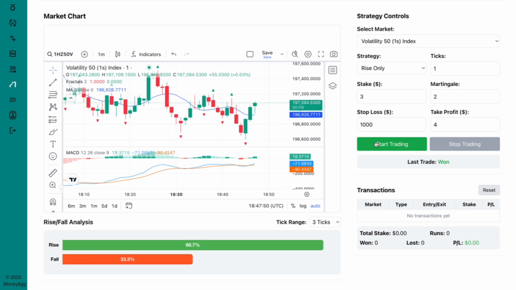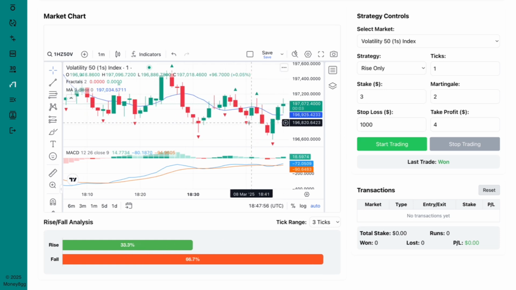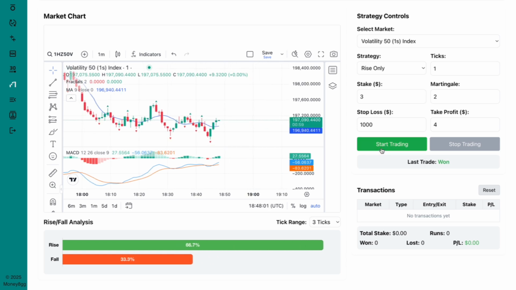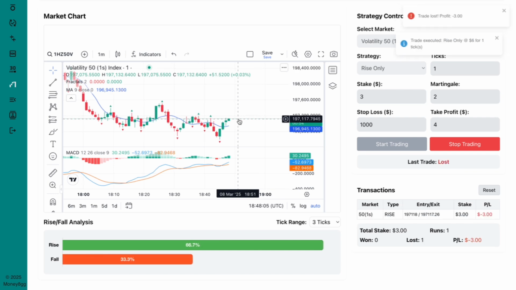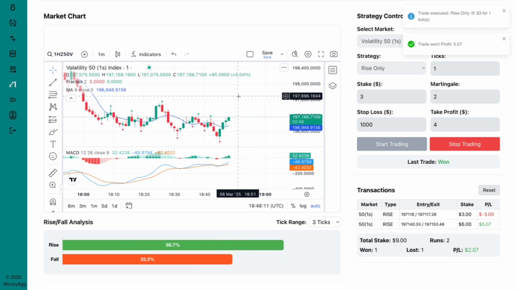Let's see, this candle is ending, so I want to see what the next one does. Yeah, it's not a consolidation, so we are hoping for two straight wins. So we lost the first one, and also sometimes you might see the candle is green, but you're losing on this end.